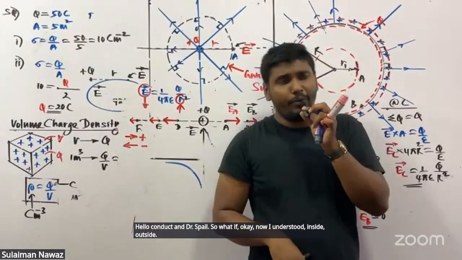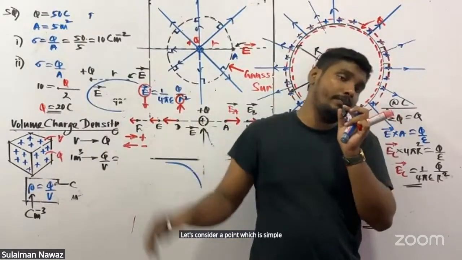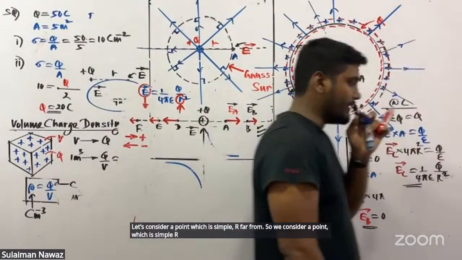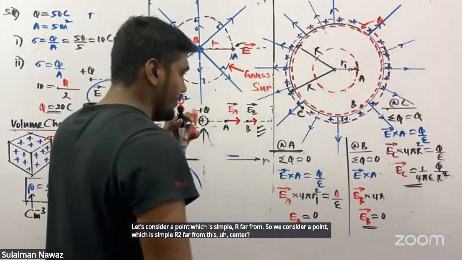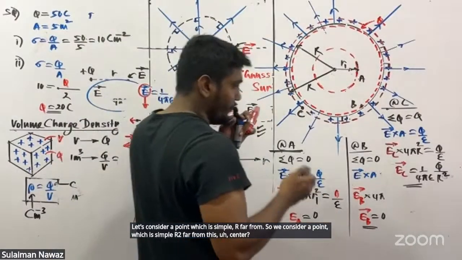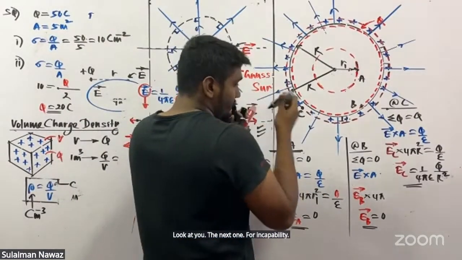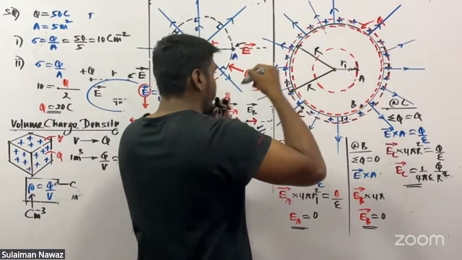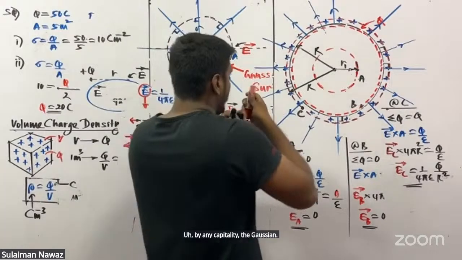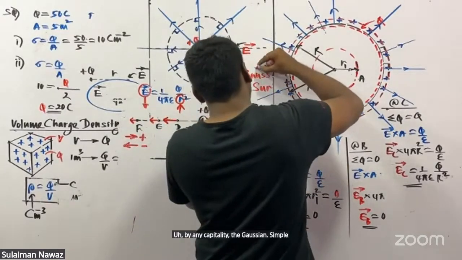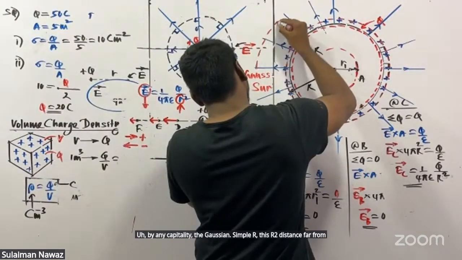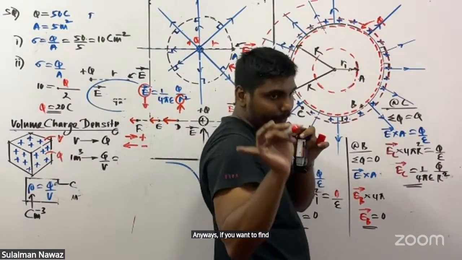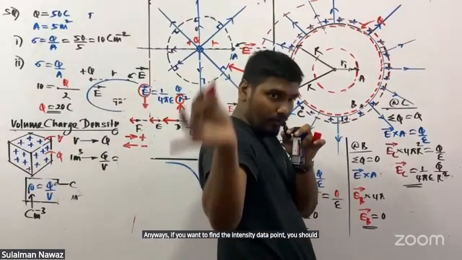Let's consider a point which is some distance r far from the center. Look here, the next one, point capital D. Anyway, if you want to find the intensity at a point, you should draw a Gaussian surface across that point.